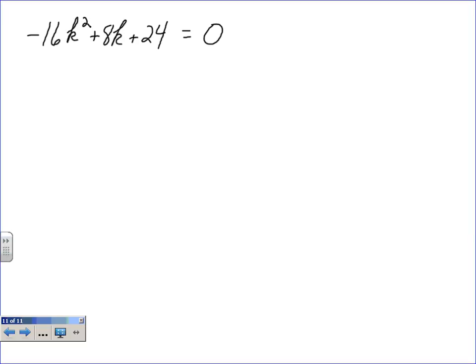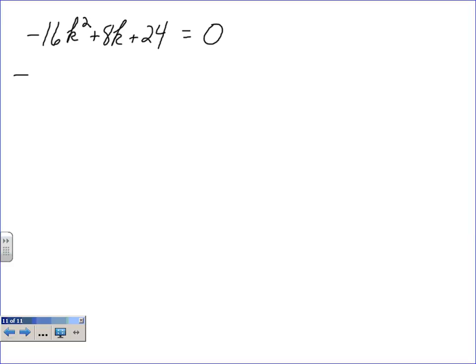All right. Well, remember what we talked about yesterday. We said that we don't want our leading coefficient to be a negative. So we're going to factor it out. Okay? Well, sometimes, like on this particular problem, when you look at it, I see those numbers up there. I see 16, 8, and 24.